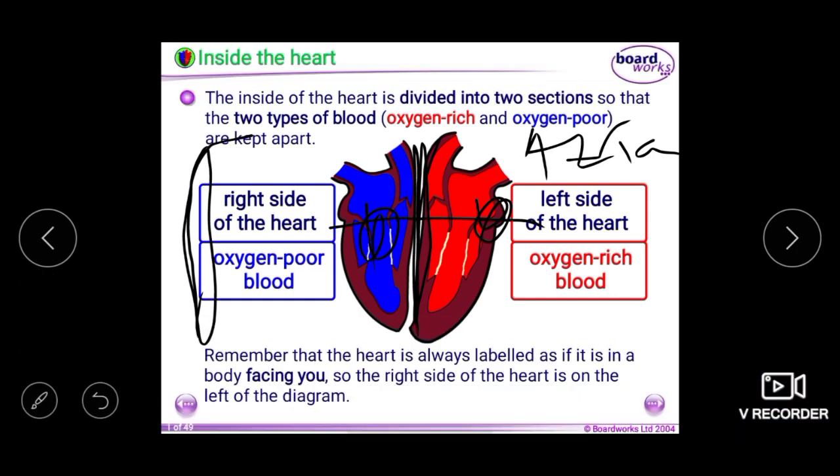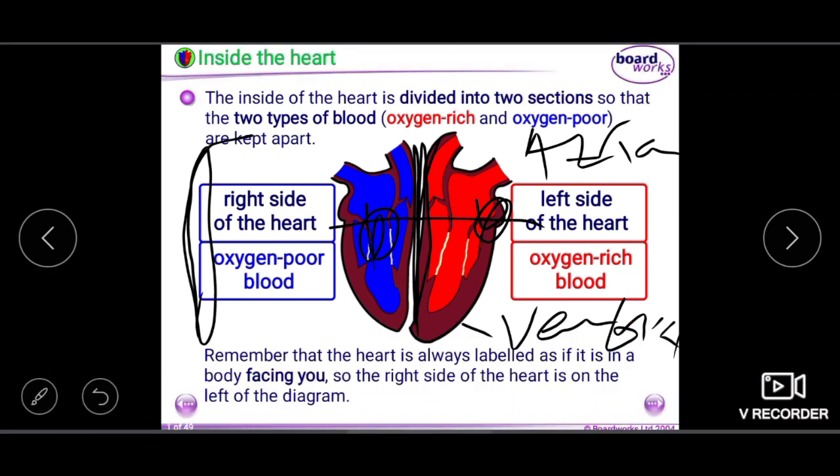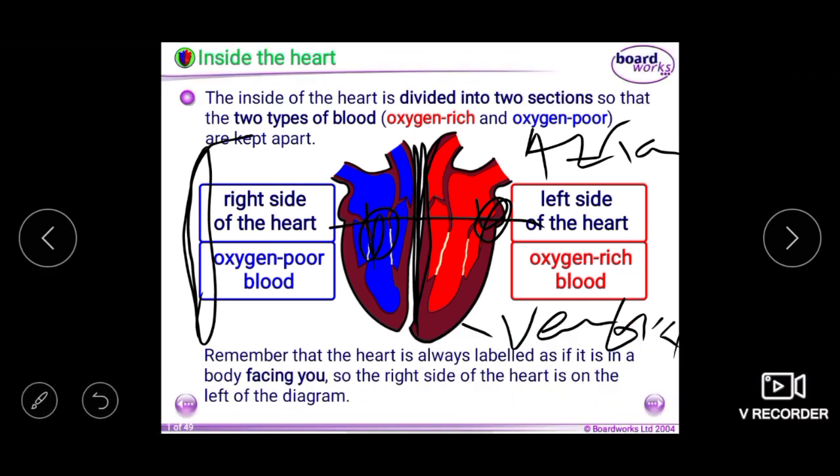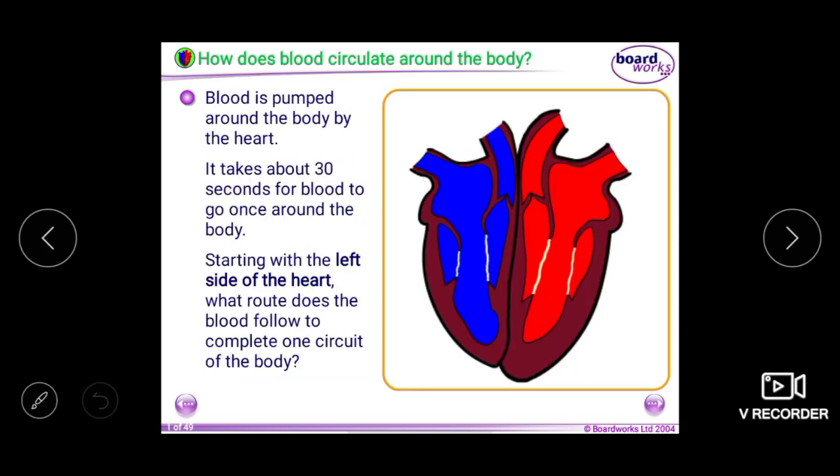The lower parts we call ventricles. When it is one, it is a ventricle. So this is the right atrium, this is the right ventricle, this is the left atrium, and this is the left ventricle.